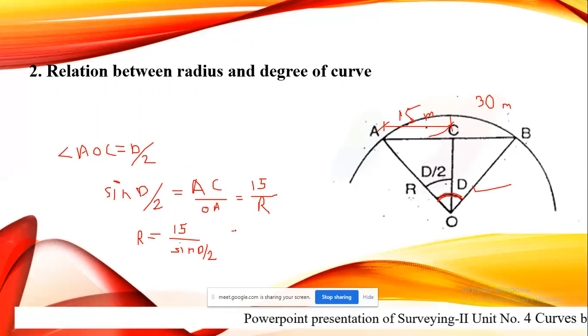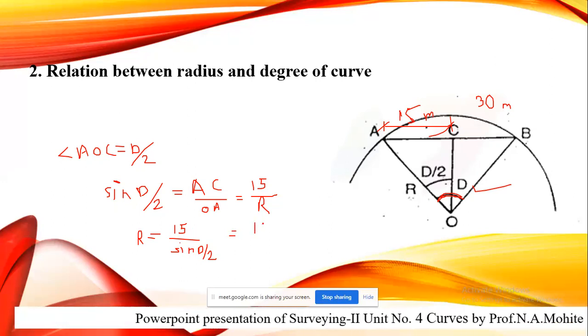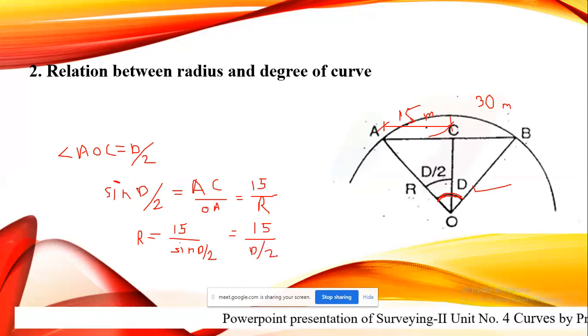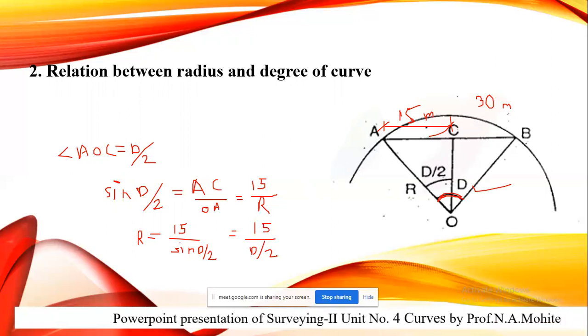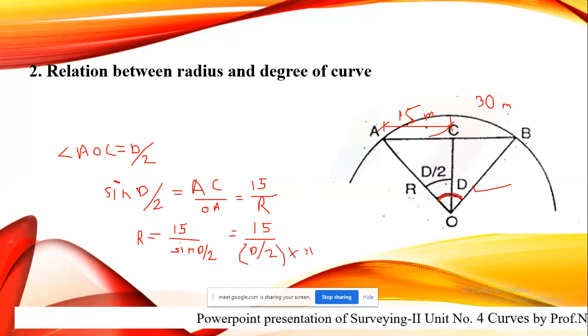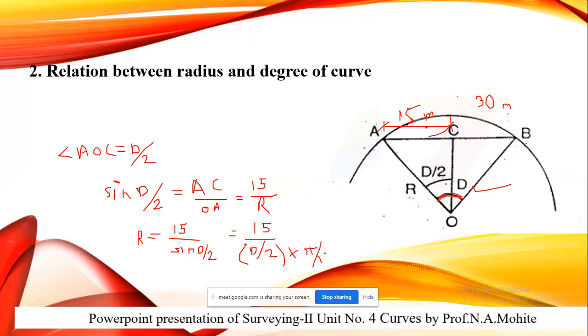So it will become 15 divided by only D by 2. And when you are supposed to get the answer in meters, we are going to multiply this by pi by 180.